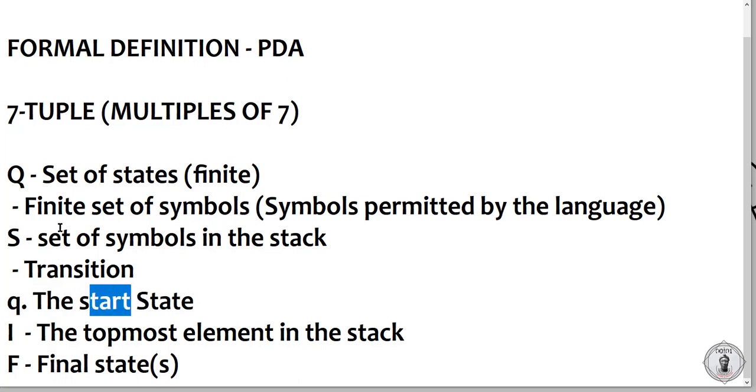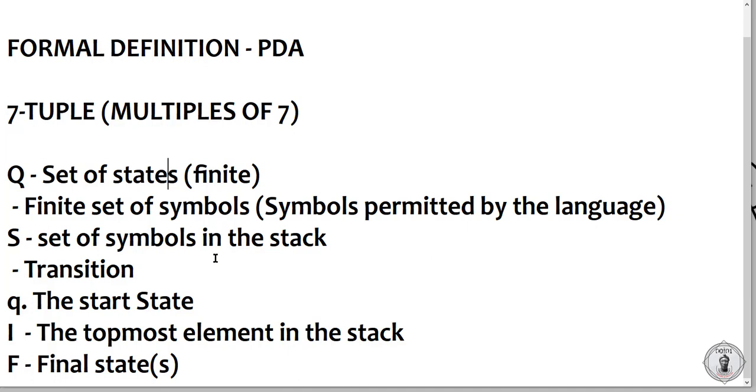So Q naught is a subset of Q. So that's how it works. Don't panic if you don't understand what I'm saying right now, because we're going to take examples, and at the end of this, hopefully you will have a clear understanding of how it works, and you'll be able to take up an example yourself and address the problem.